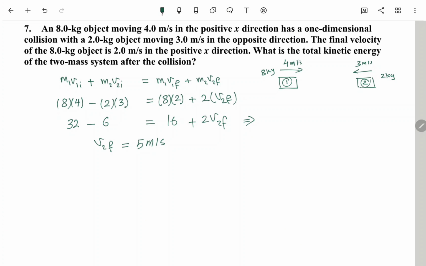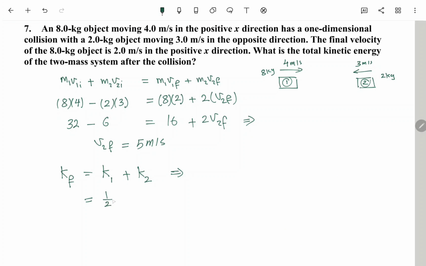Now the total kinetic energy of the two-mass system after the collision. So we actually need the total kinetic energy for both objects here. So K final equals K1 plus K2. K1 is the final kinetic energy for the 8 kilogram object, and K2 is the final kinetic energy of the 2 kilogram object.